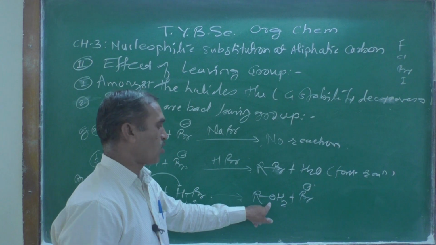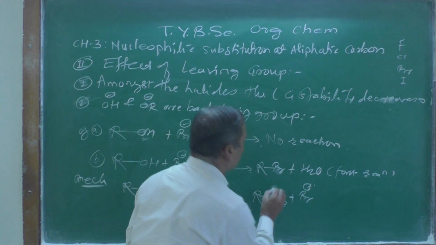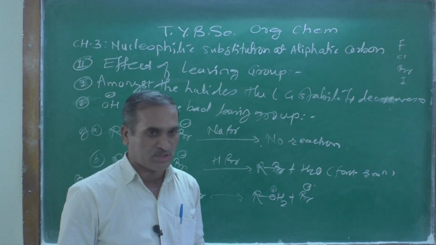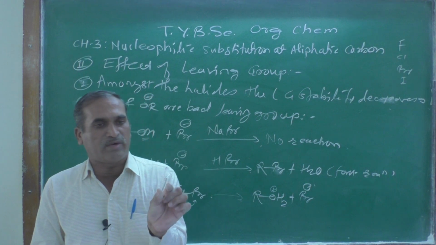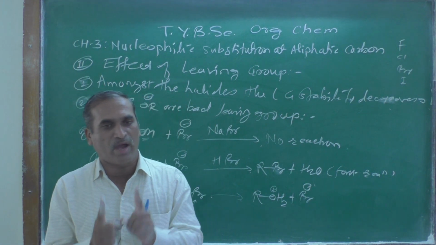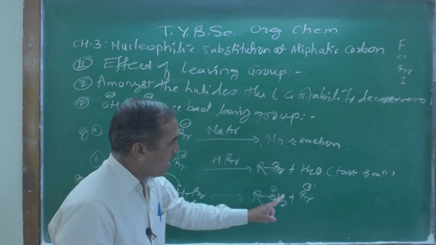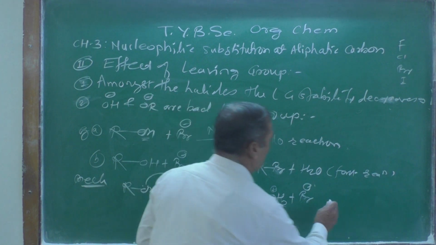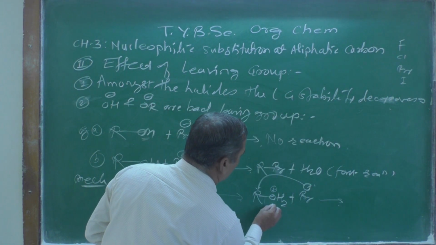Look here, the oxygen atom has 3 bonds, therefore a positive charge comes on that oxygen atom. I already told you that whenever there is a positive charge on a more electronegative atom, that species becomes highly unstable. And now the nucleophile is going to attack on that R, and there is a departure.